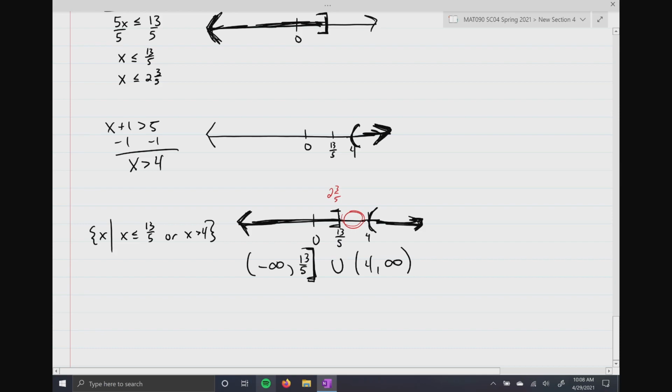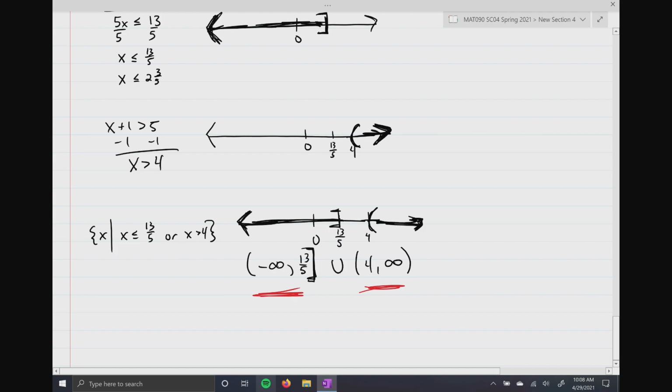Give me a number in between 2 and 3. Or, I'm sorry, I gave you the answer. Give me a number in between 2 and 4. 3, all right? So watch this. I'm telling you the solution is going to be in either of those two bounded regions, okay?